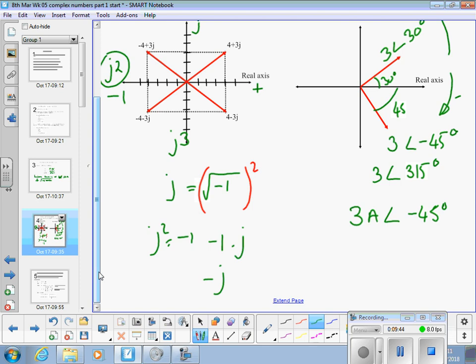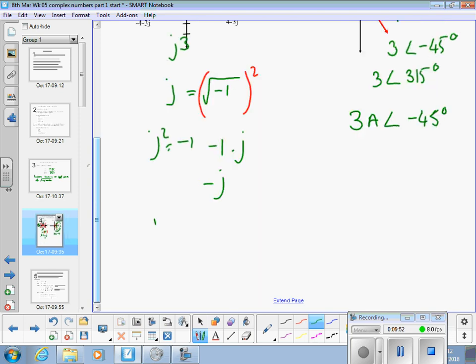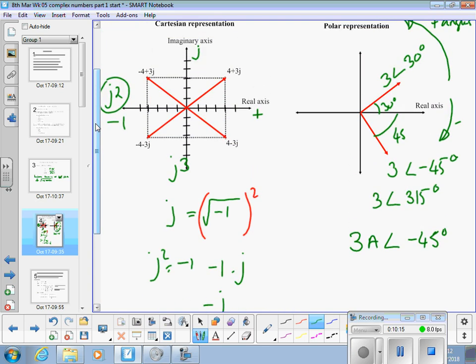See that? j squared is minus 1. So j cubed is equal to j squared times j. If j squared is minus 1, that's minus 1 times j equals minus j. So down here is equal to j cubed, or you can write it as minus j.